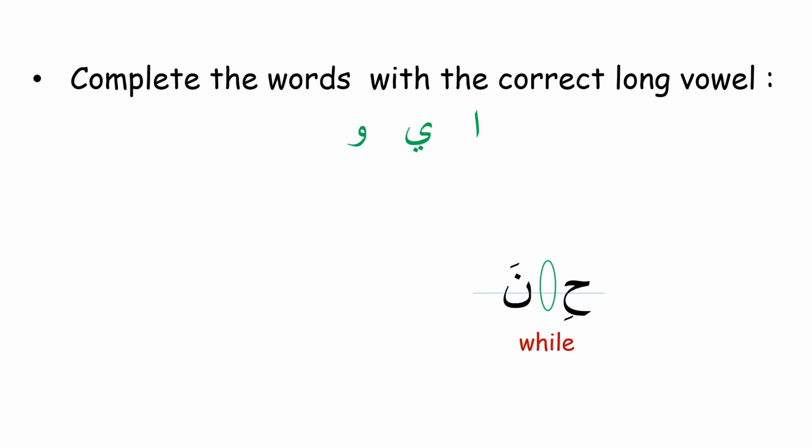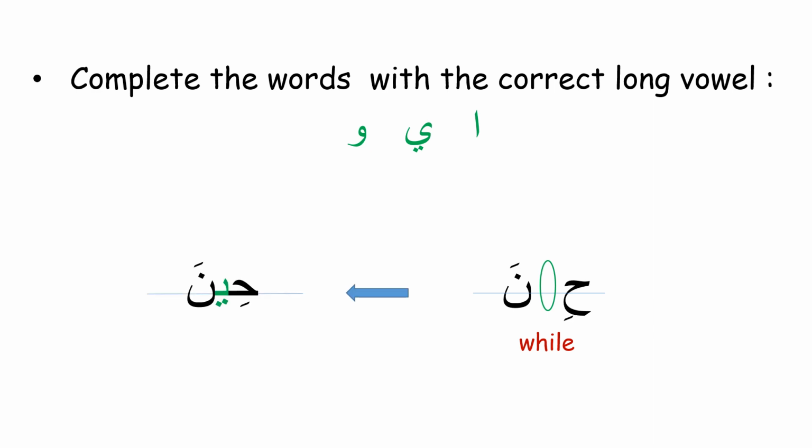Moving on to our second word, حين. As you can hear, the elongation is in the letter ha, and ha is in conjunction with the kasra. Since kasra is always associated with ya, the long vowel we are looking for is ya, obviously.